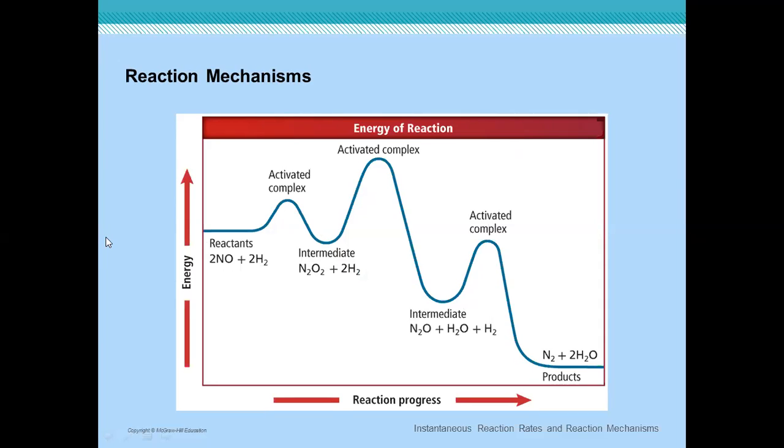So the final equation is 2NO plus 2H2 as the reactants, and finally N2 plus 2H2O. But all these are called what? They are called activated complexes and intermediates, called an intermediate reaction. Understand?